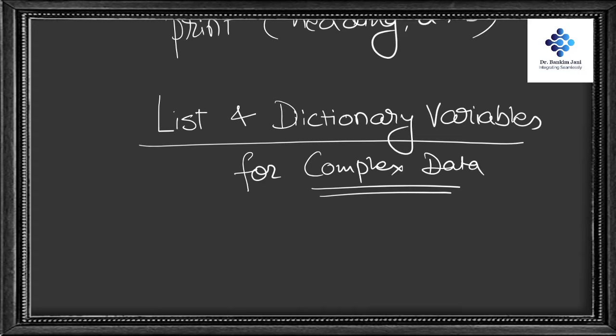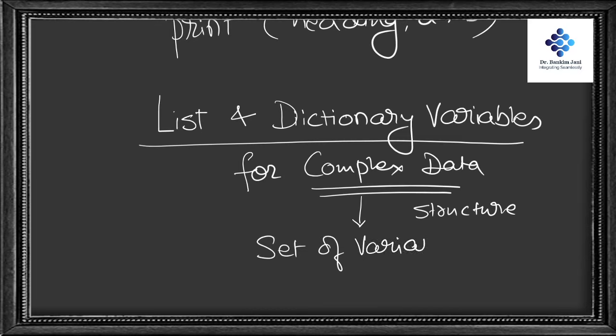And when that data is complex, obviously its structure would be complex, so we'll require some set of variables, some set of values. So this is our keyword, a set. Okay.